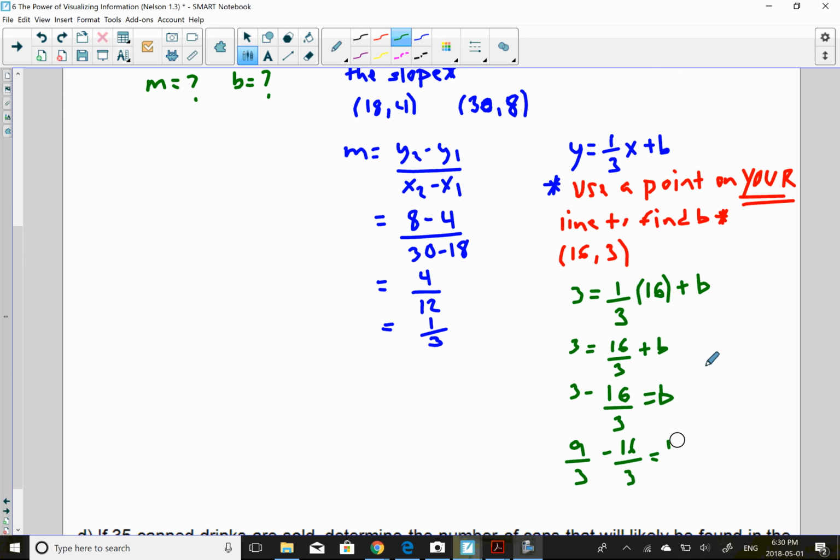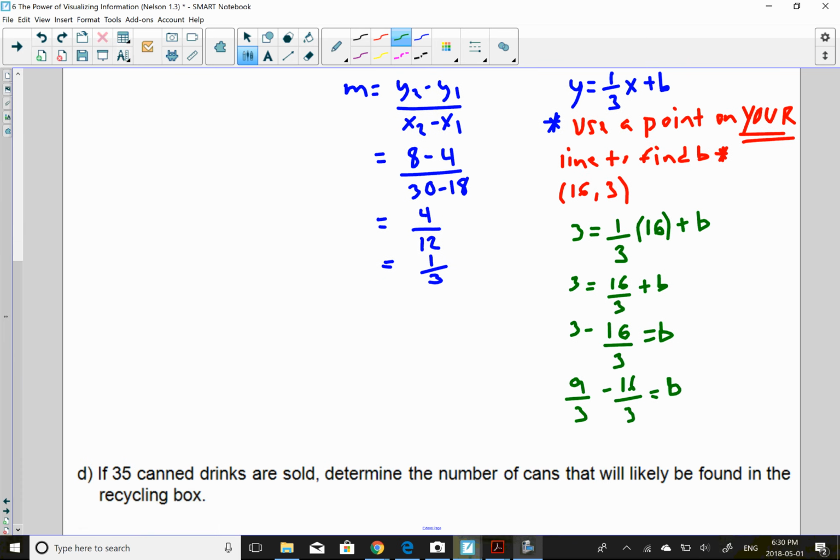And just like when you did line of best fit, your equation must match your graph. And these equations are used to help make predictions. So I get negative 7 over 3. So y is equal to 1/3 x minus 7 over 3.